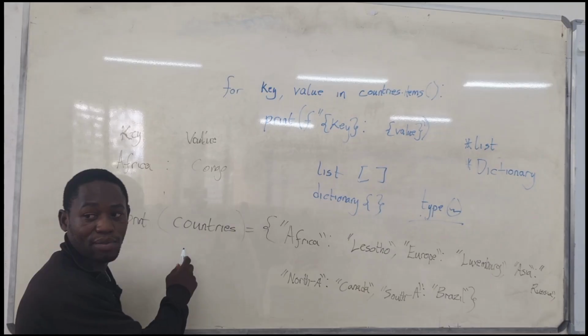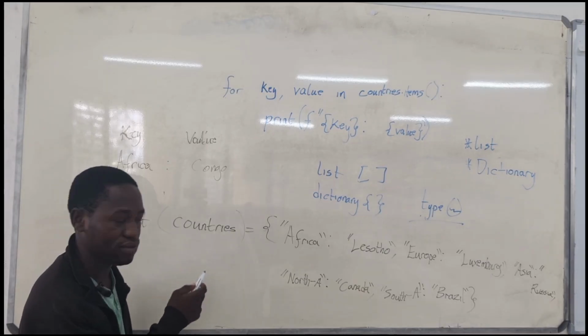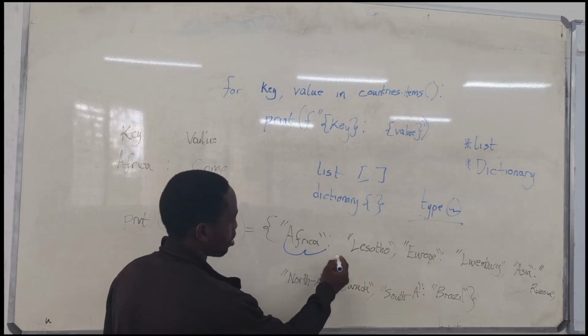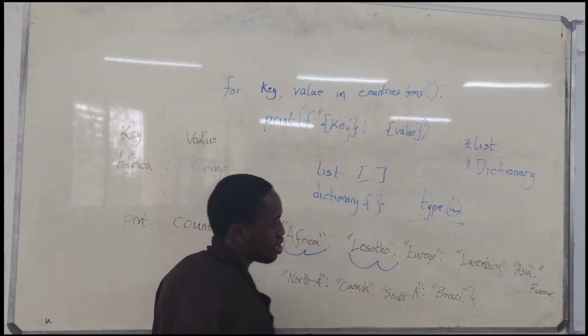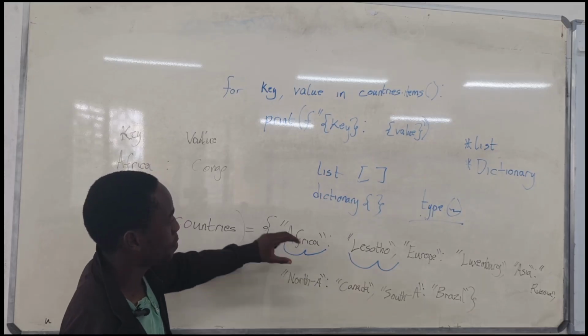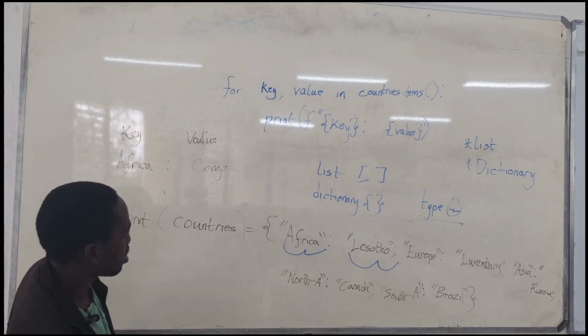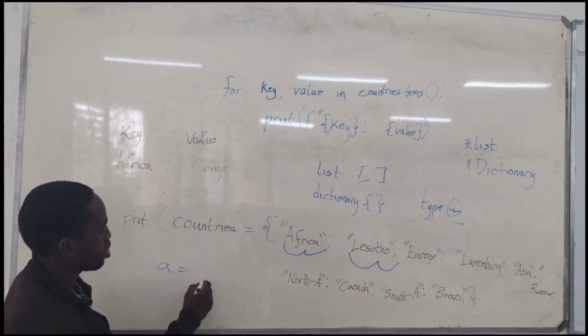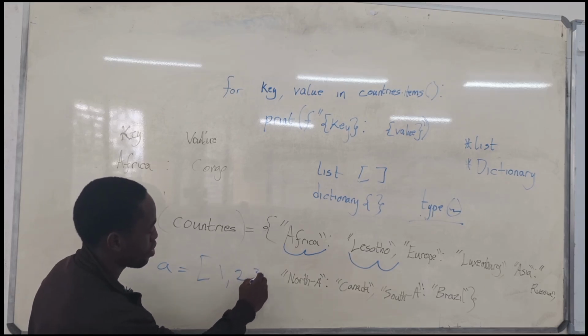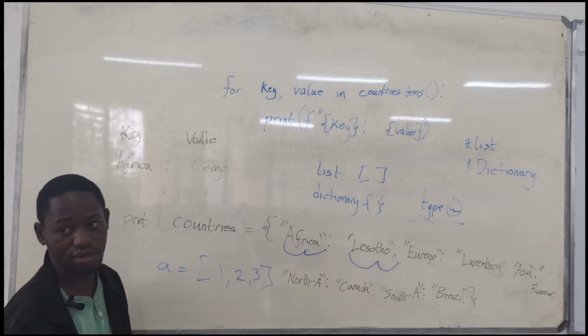So you do understand about the dictionaries, right? Yes. So we have this key here and this value here, right? In a list, we just had a list A containing numbers like that, right?